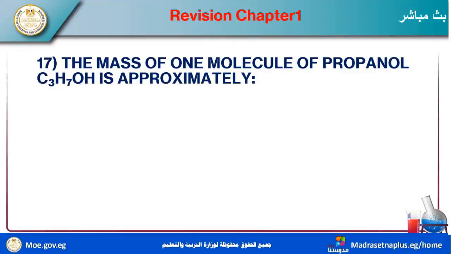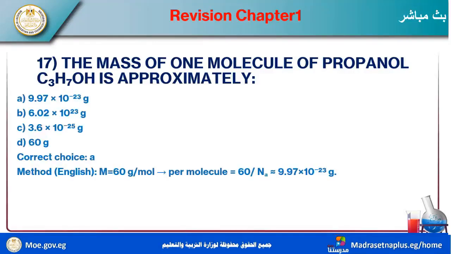We want one molecule, so take the molar mass of propanol and divide it by the constant value. So the answer is A, 9.97. You must recalculate the steps I showed you to check my answer.